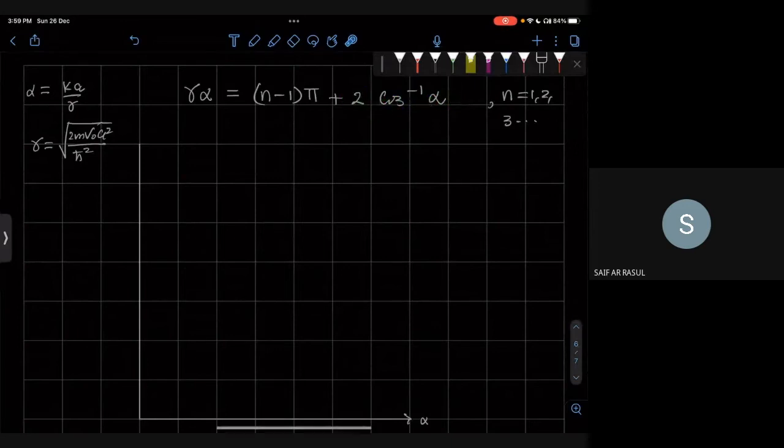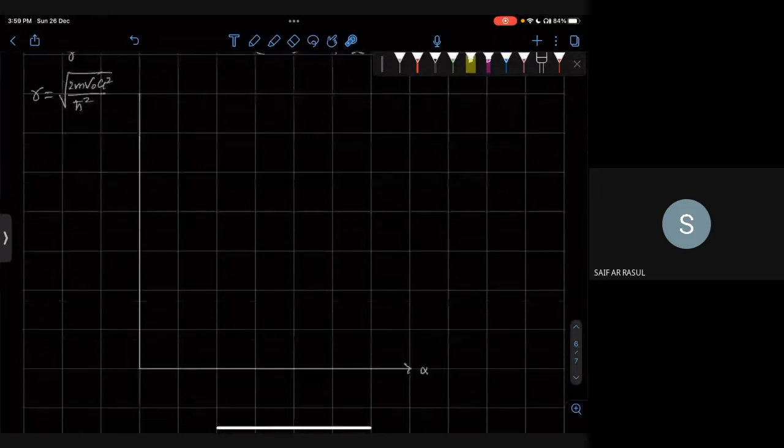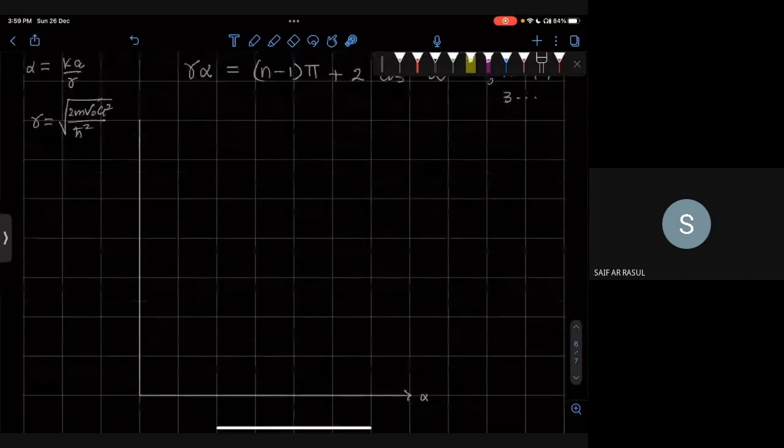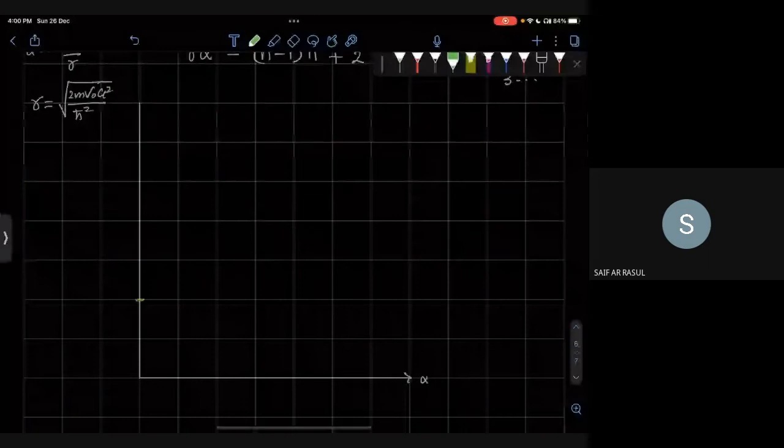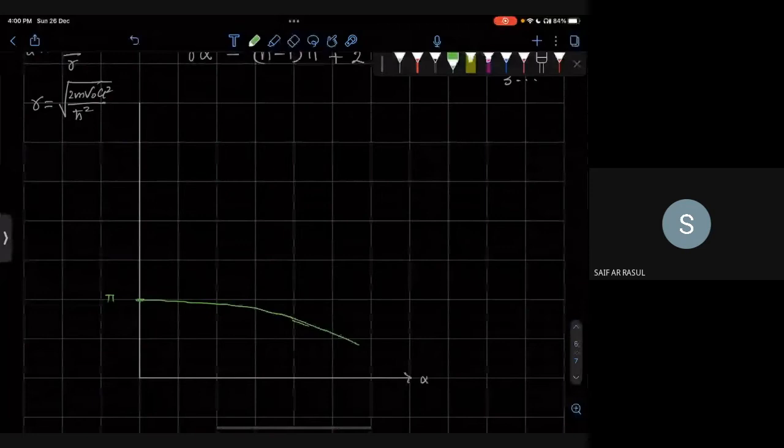And of course this first term is not there for n equals 1. So if this is pi, as alpha increases, it reduces from pi down to 0. So this is 1, where alpha becomes 1.